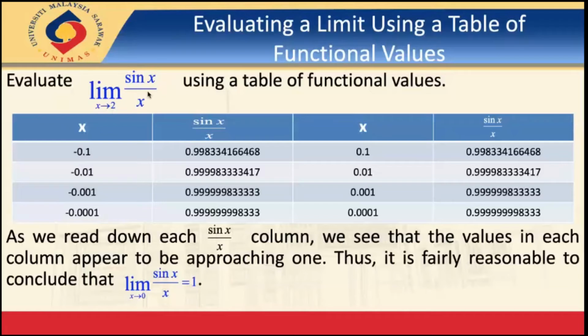So the limit of that function means that when x is getting closer, it is called approaching. When x is approaching the given value, let's suppose 0 in this case, then the output is always getting closer to a real number, and in this case the real number is 1.